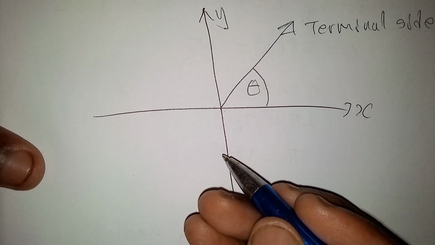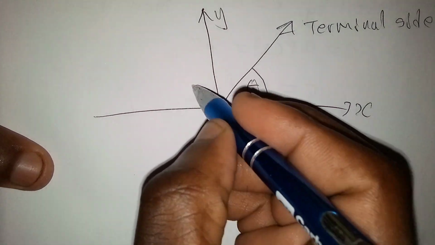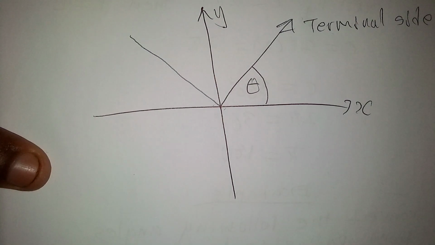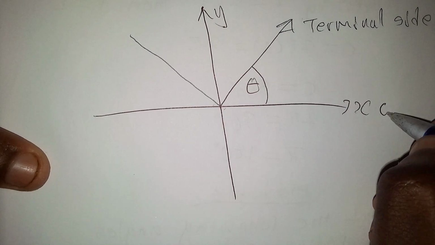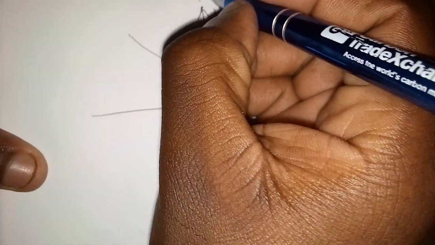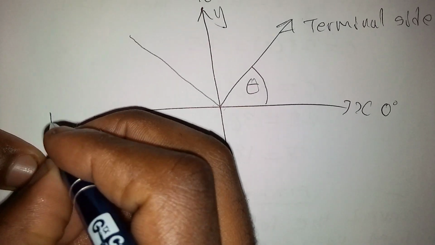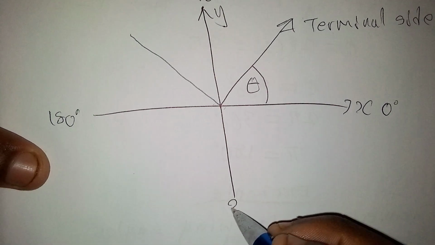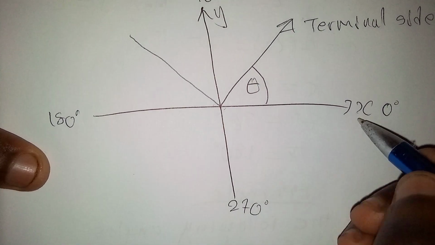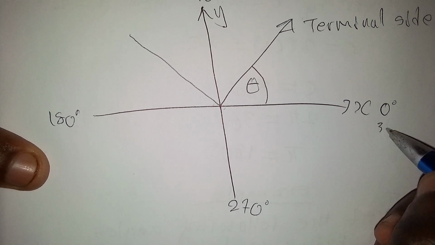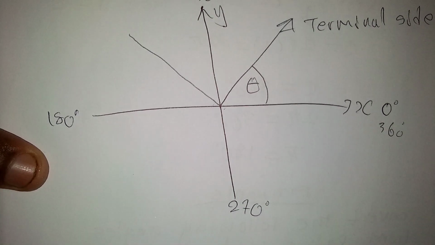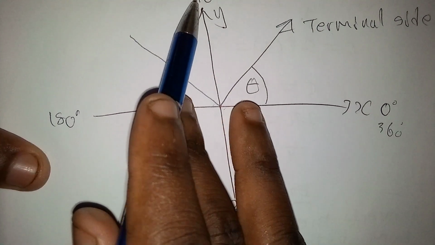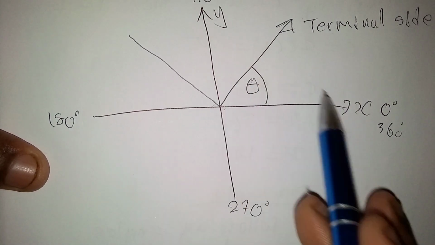If it is in the second quadrant, so this is the second quadrant. The first quadrant is 0 degrees to 90 degrees. This is 180 degrees. This is 270 degrees. Back to this place here, it will be 360 degrees. So the angle that is between 0 and 90 degrees is in the first quadrant.